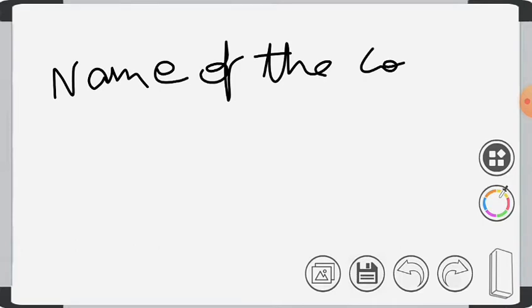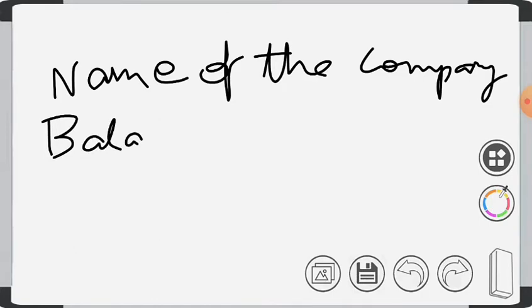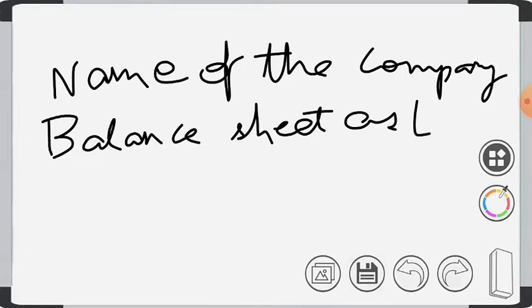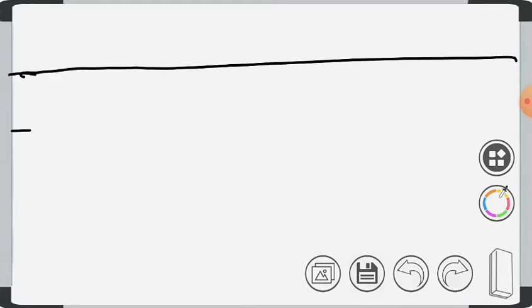But before drawing the format, we have to include the name of the company, and balance sheet as at the given date in the question. You have to write it over here. After that, you have to draw a format like this.